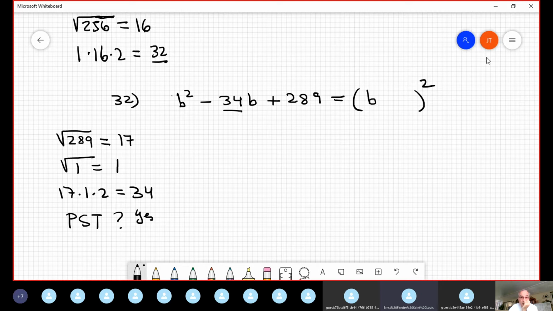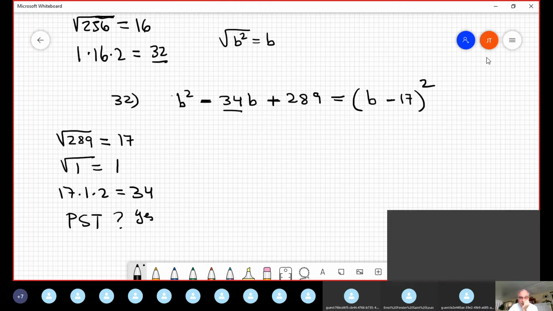B is the square root of this guy. And the square root of 289 is 17. 17 is here. And what sign in the middle, positive or negative? Negative, absolutely. Negative, because this is negative; the sign in the parenthesis always follows the middle term in the perfect square trinomial.